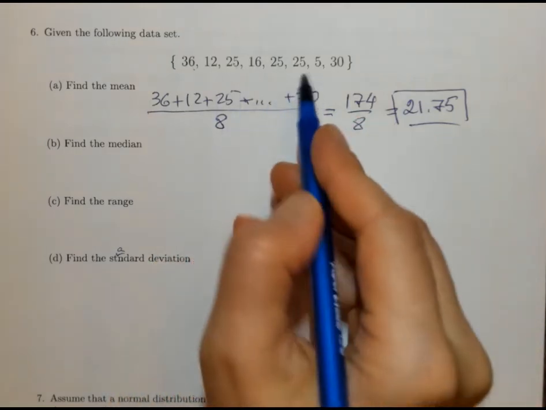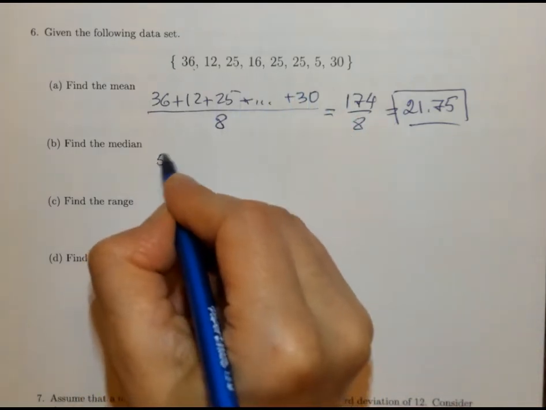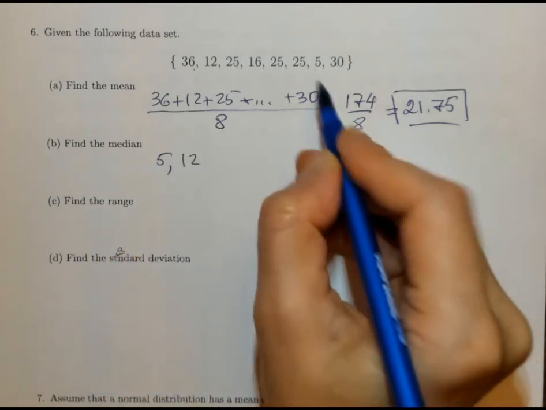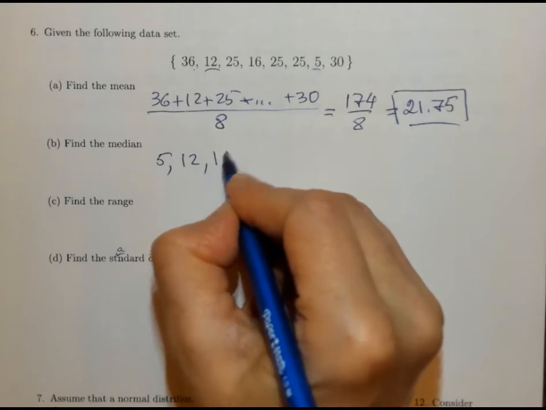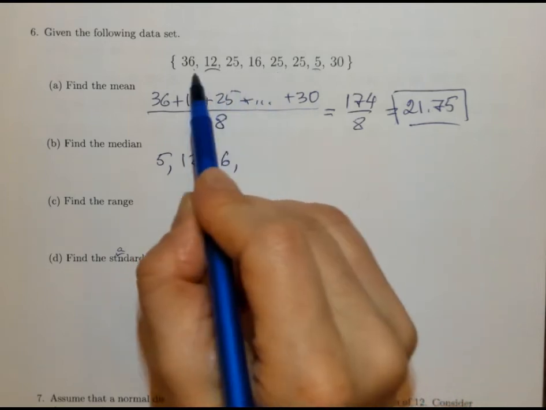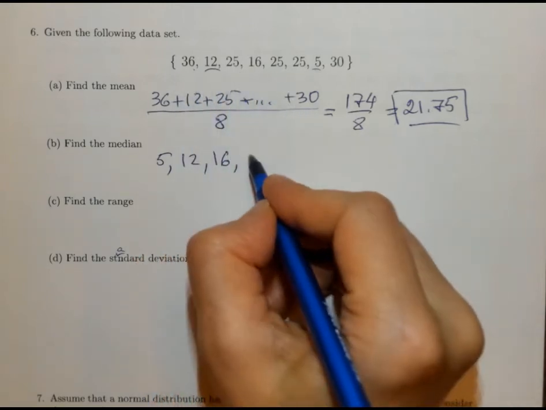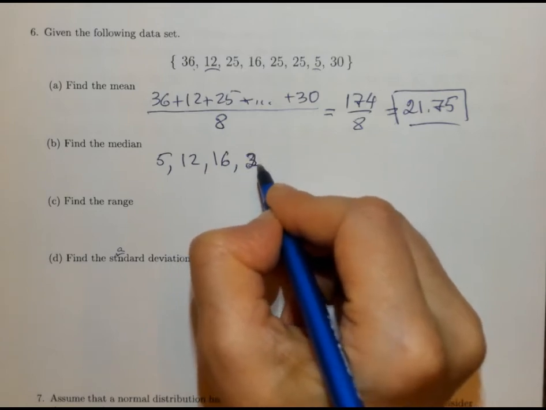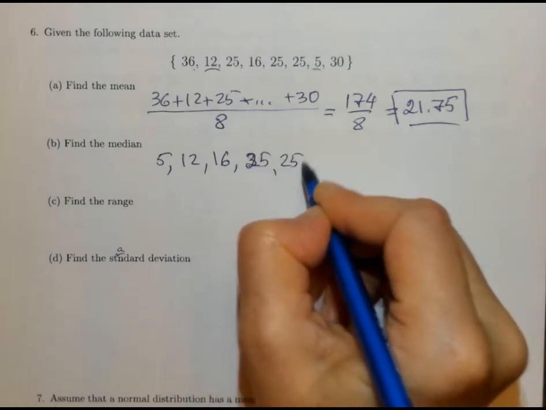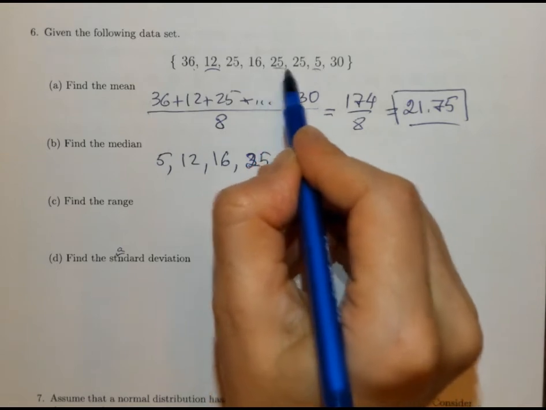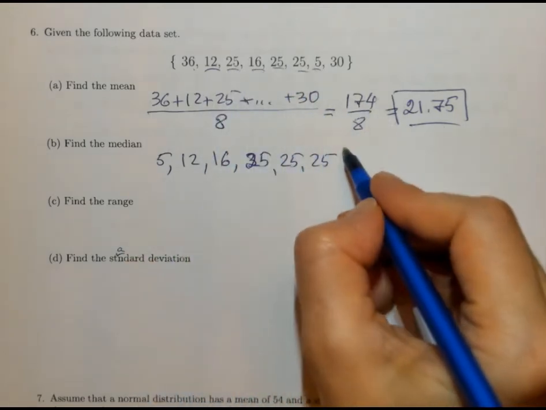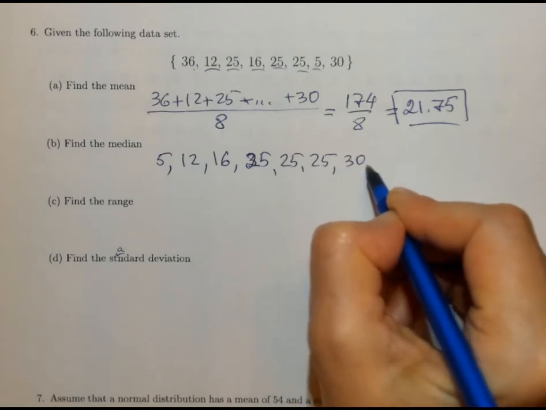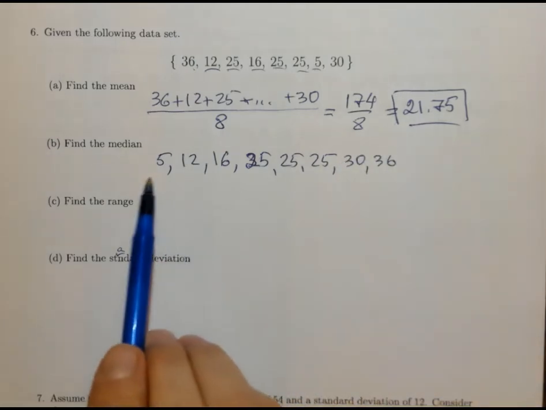So, first 5, then 12, then 16, then we have 3 times 20, 25, then we have 30 and 36.